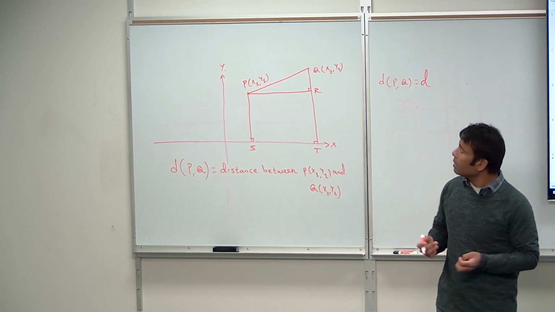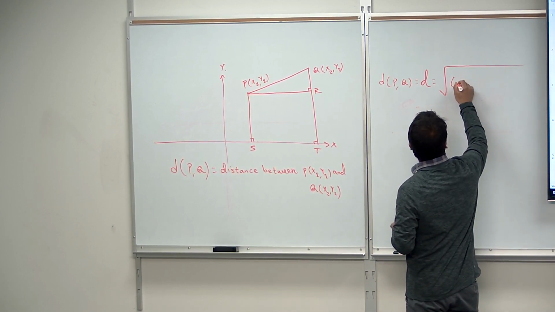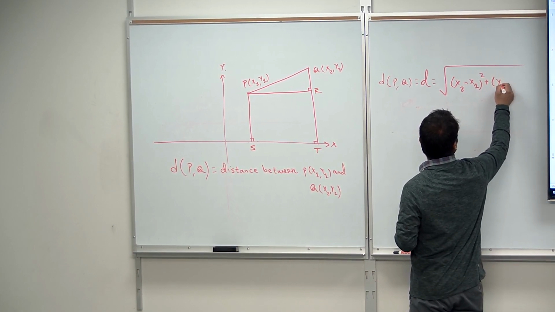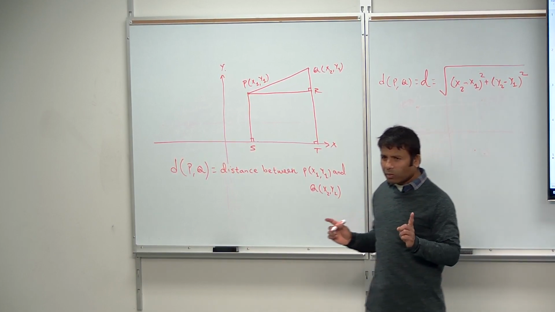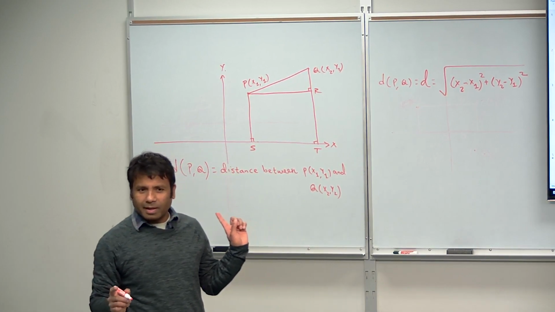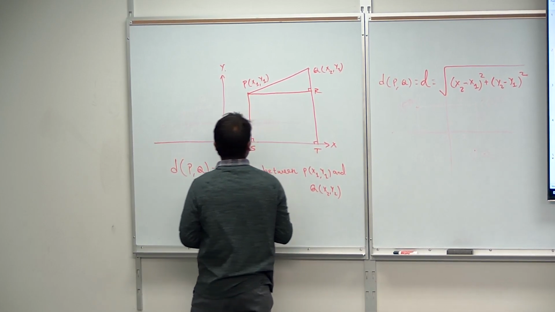And this is the radical of x2 minus x1 squared plus y2 minus y1 squared. Are you familiar with that formula? No? Okay, anyway. So now let me show you.